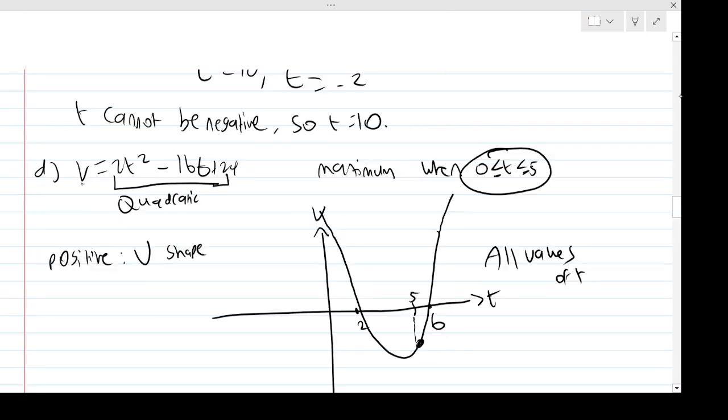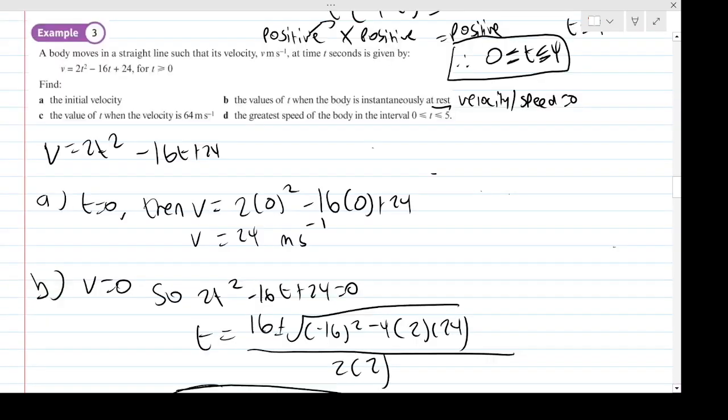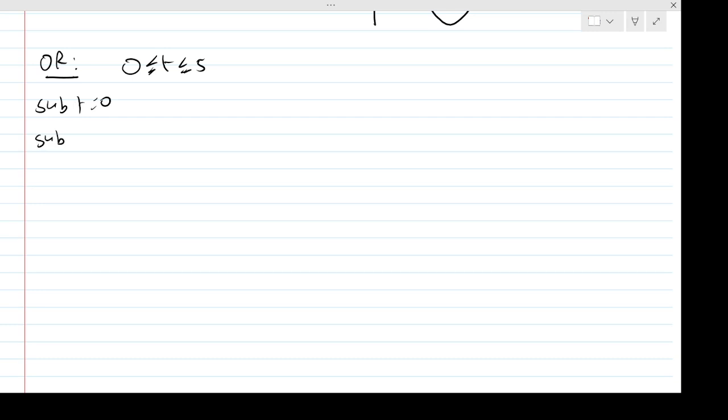The other way, without necessarily sketching the graph, is what you could do instead. I'll do it down here, or again, it's between t is 0 and 5, right? So what you could literally do is sub t is 0 and sub t is 5, right? You substitute endpoints, okay?